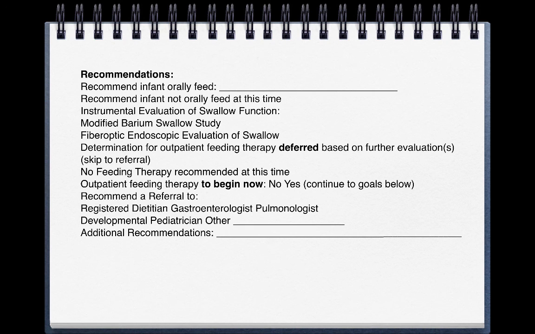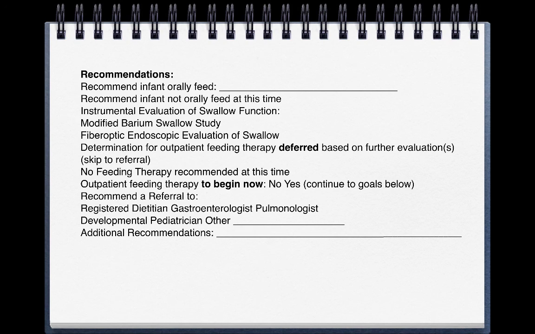You're going to recommend how this baby should get their PO. So this part is very similar to the recommendations form that we might have for an adult. You're going to note, should the baby have PO or not? Should we have more data? Do we need other kinds of assessment before we can make a decision?